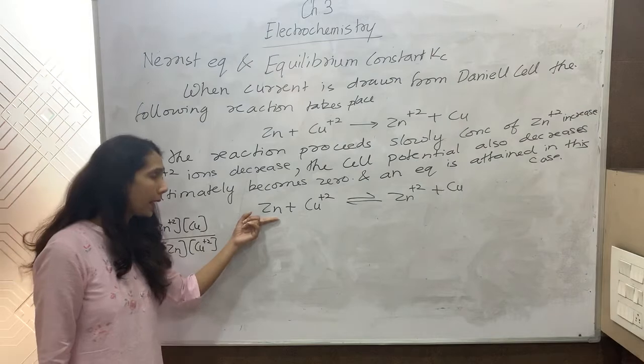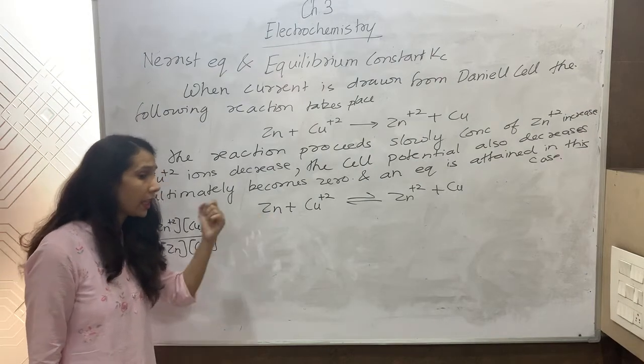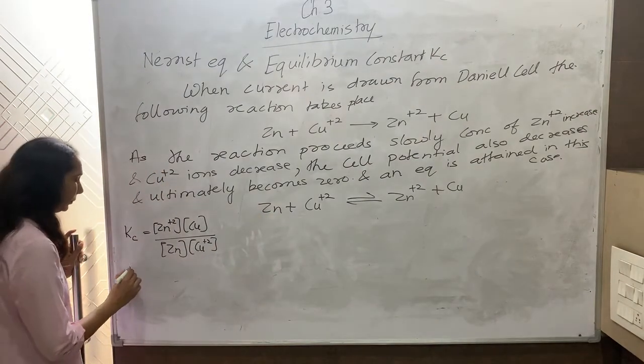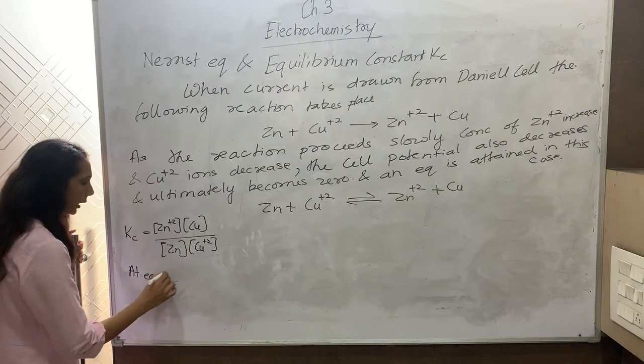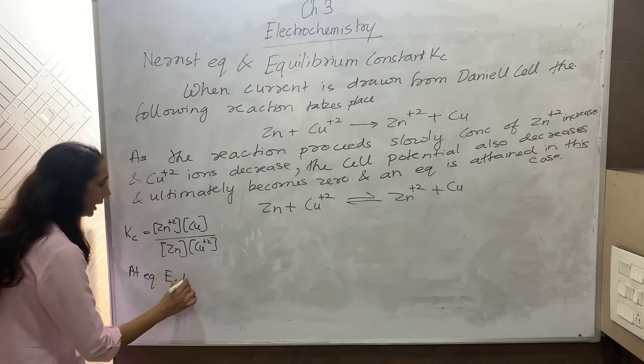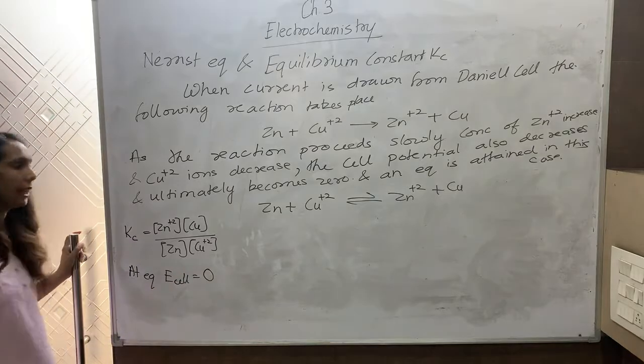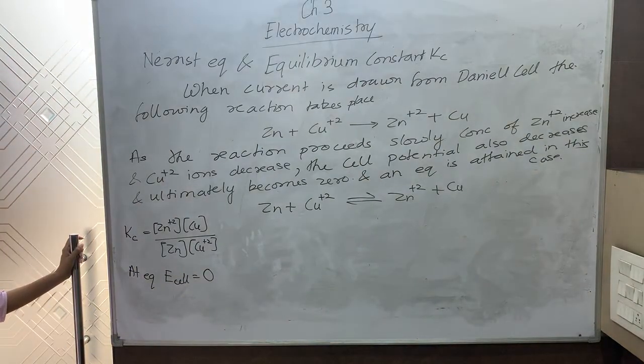Now, I know that at equilibrium, E cell is equal to 0. The cell potential will be equal to 0.